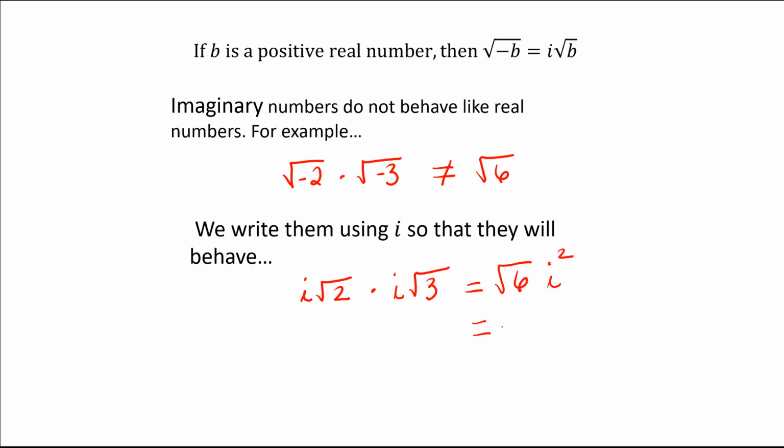And since i is the square root of -1, i squared is -1. So that equals negative square root of 6. So using i lets us work with imaginary numbers, or these numbers that don't act right, and it lets us deal with situations we wouldn't be able to deal with otherwise.